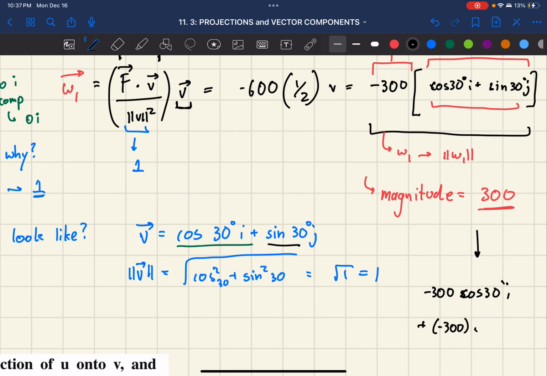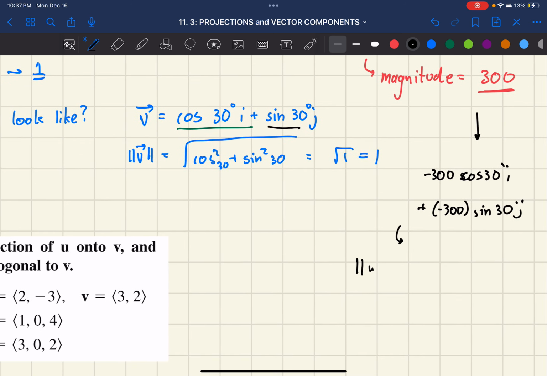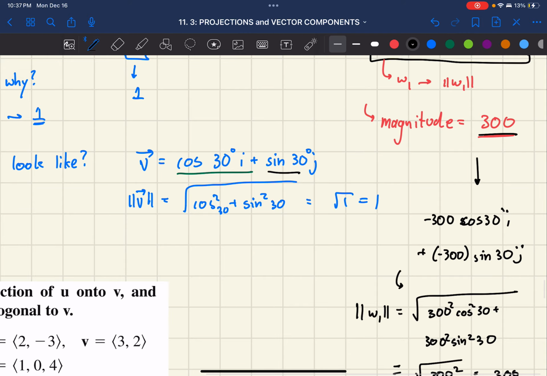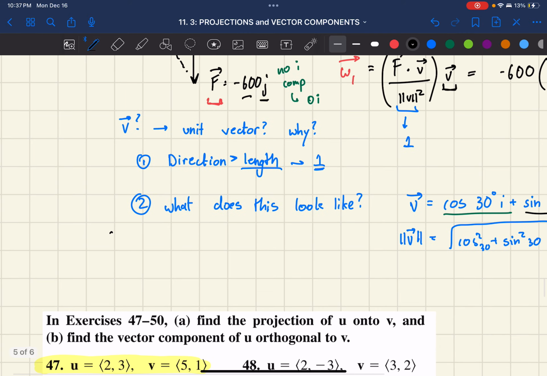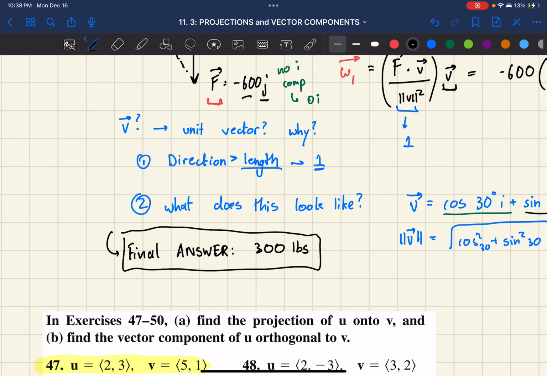And if we do that, and then take the magnitude, we'd be able to get 300 squared cosine squared 30 plus 300 squared sine squared 30. This will just equal 300 squared, or 300, which means we can comfortably say the magnitude is 300, and the final answer would be 300 pounds. This is how a real-life application of these projections will work.